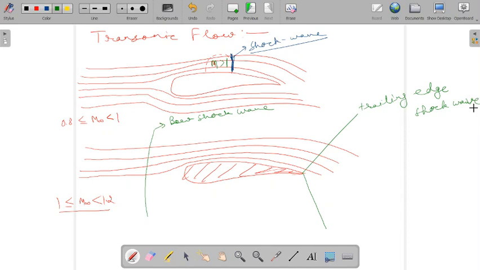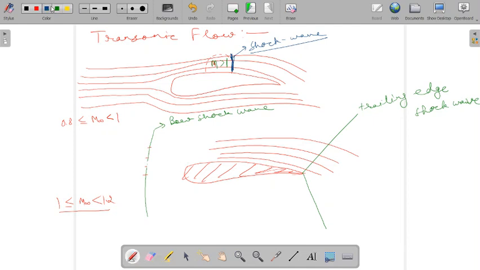Here I have wrongly drawn these streamlines. Let me remove this, particularly near the shock wave, because there will not be a smooth transition in streamlines. The streamlines will have some discontinuity.